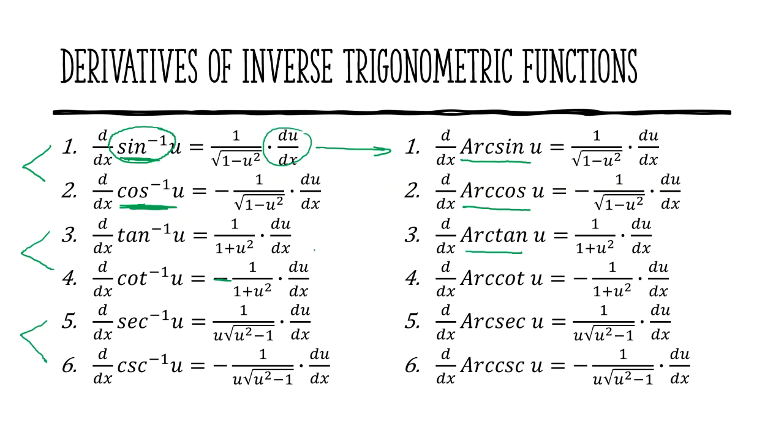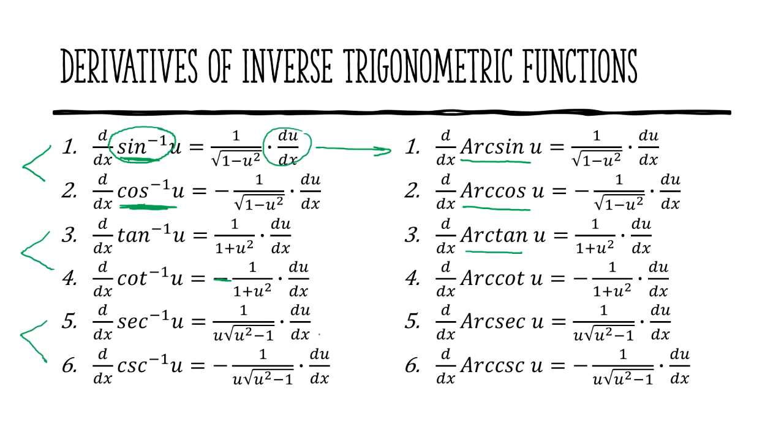They are basically the same, but just negate the sign. And for the secant raised to negative 1 or the arc sec, we have 1 over u times the square root of u squared minus 1 times the derivative of our variable u. That is again the same with the cosecant, however, you have to negate the sign.